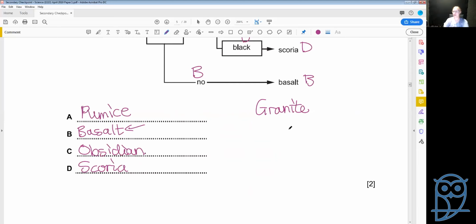Granite is what forms when the volcano erupts, but it erupts underneath the surface of the earth. So there's still layers of rock above it and below it. So it stays hotter for a lot longer and under pressure, and then it sort of crystallizes a lot more. And that's why granite is a lot harder than basalt, and granite has big crystals embedded inside it, and that makes it really, really good for kitchen counters.